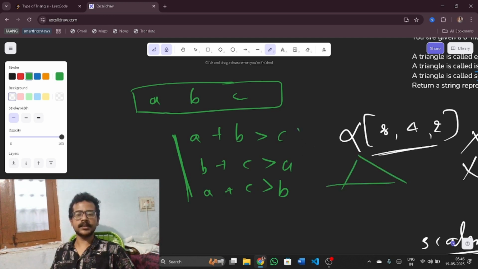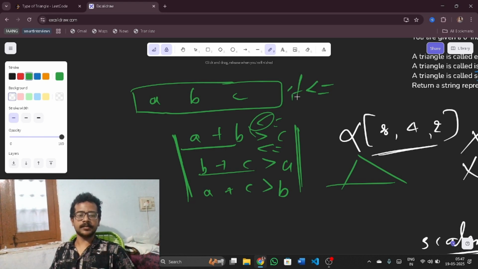If these three conditions do not hold, it should not be less than or equal to.